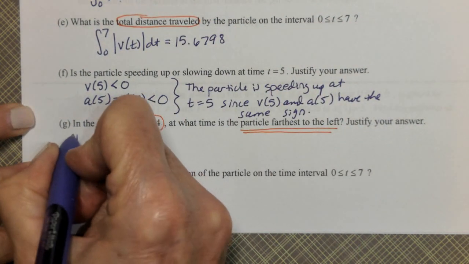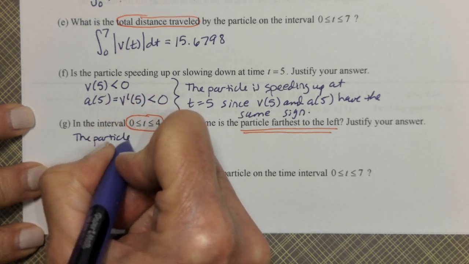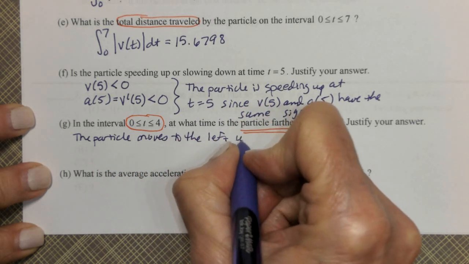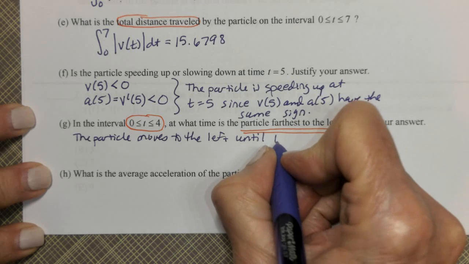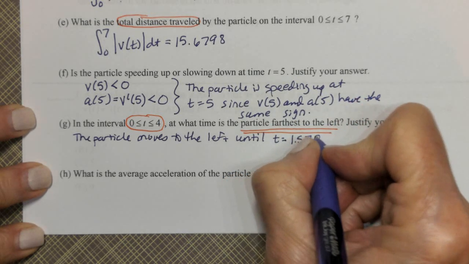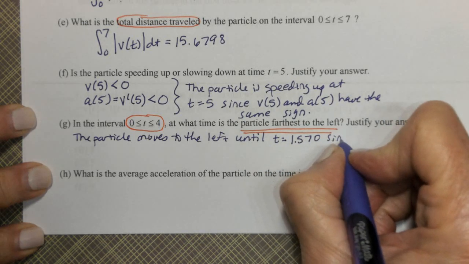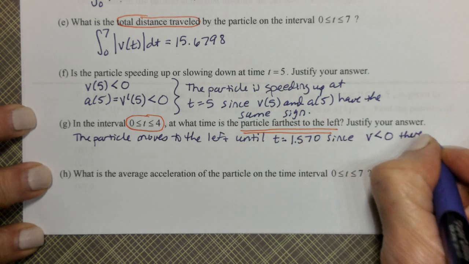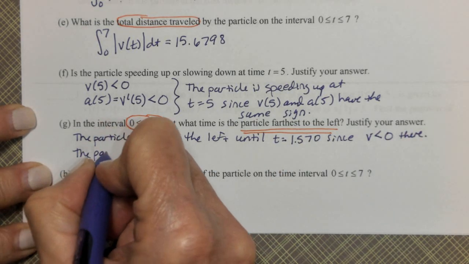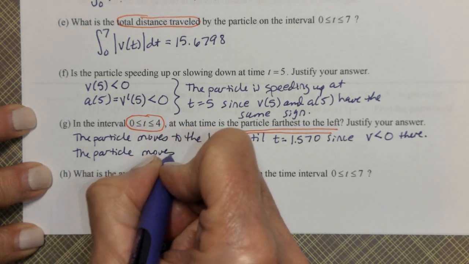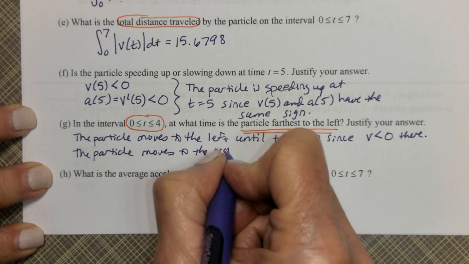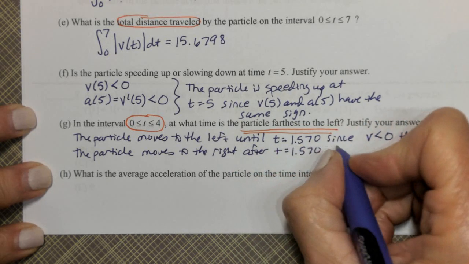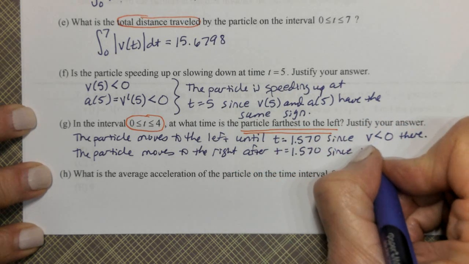So I'm going to say the particle moves to the left until t equals 1.570, since v is less than 0 there, and then the particle moves to the right after t equals that same time, since v is greater than 0 there.